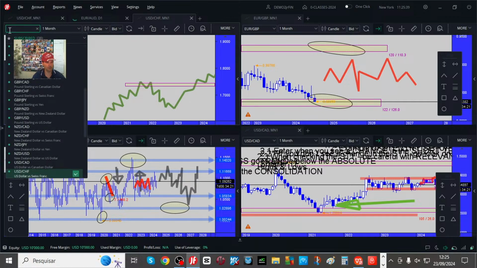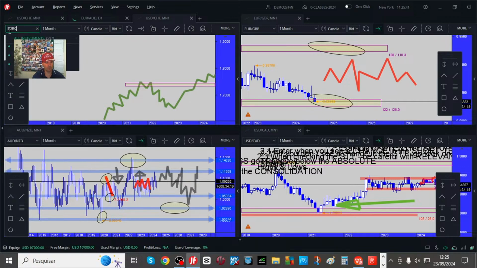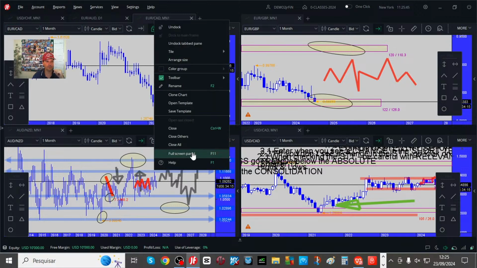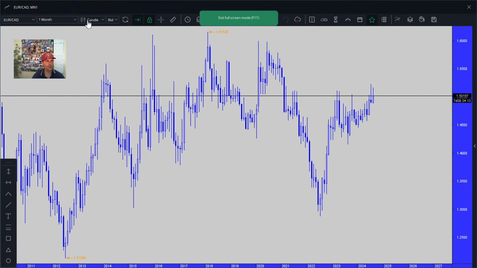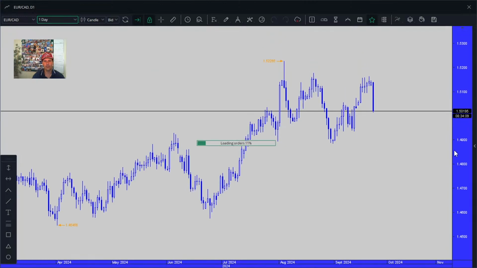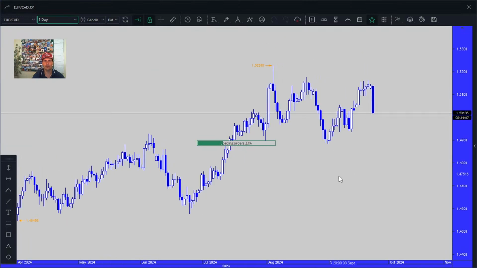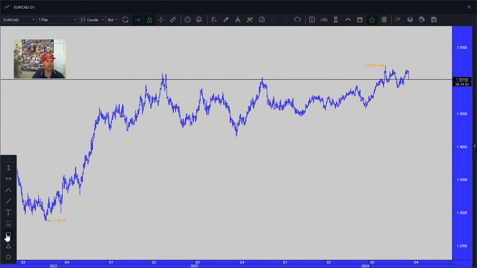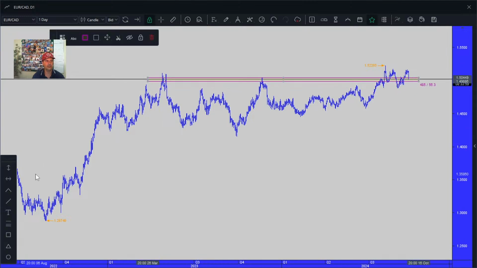Euro CAD, number 2. EuroCAD on the daily chart. Oh, so Euro is getting hammered right now. Consolidation would be here.